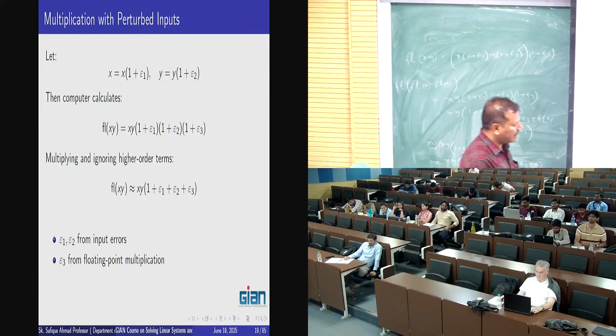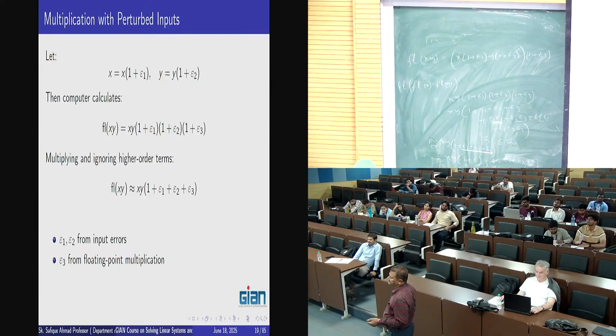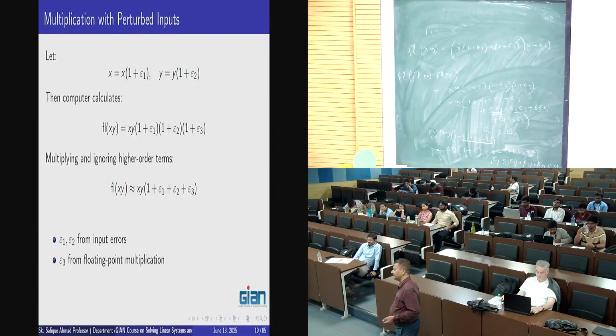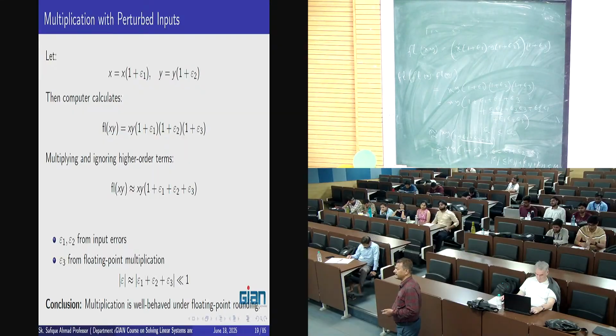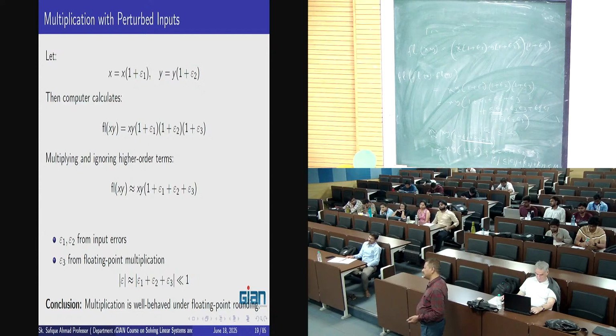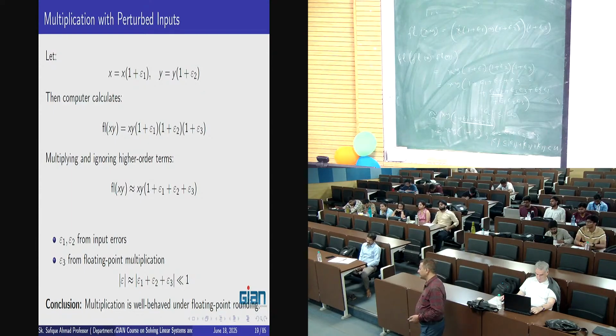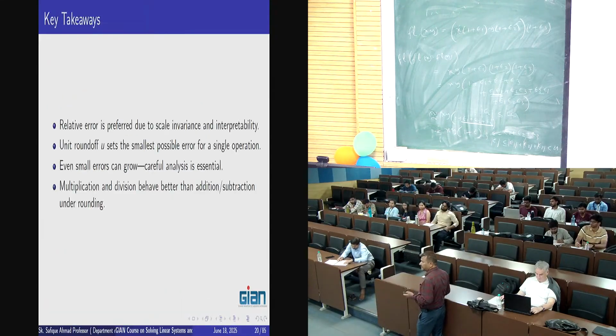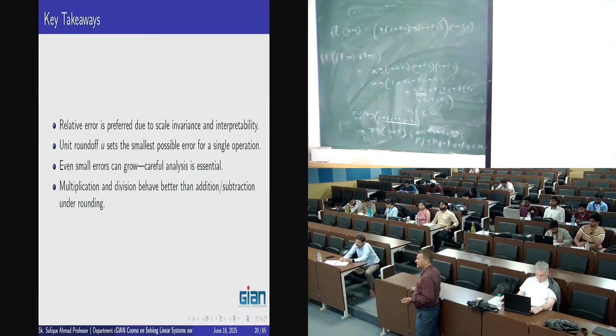So, if you put the number x, it will calculate this one. Many other errors are included in epsilon, as I told you, and this is approximately equal to this one, well behaved under floating point rounding error. Relative errors are preferred due to scale invariance and interpretability, because this is scale independent, as I told you.